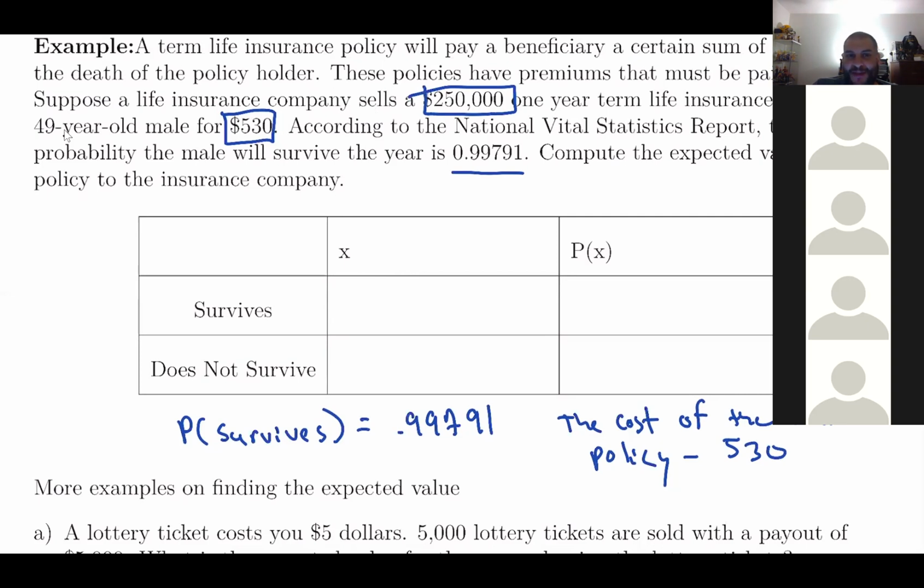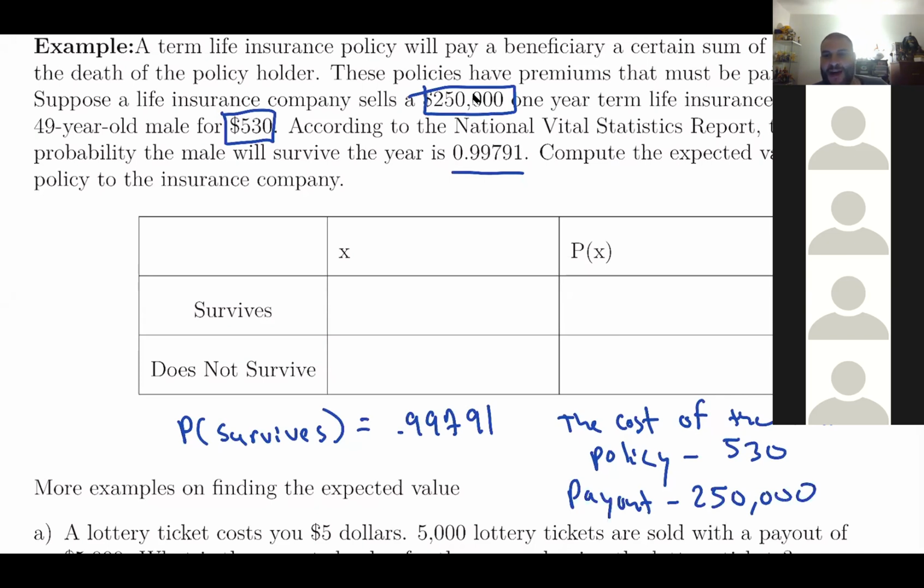If this 49-year-old male dies at the end of the year or somewhere in between, this $250,000 gets paid out to whoever is the beneficiary of this life insurance. So the payout is equal to $250,000. We know the probability somebody survives.